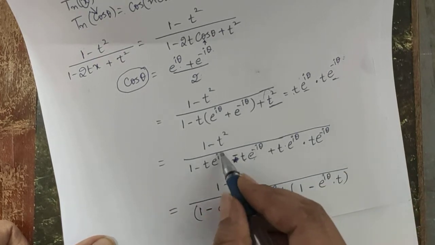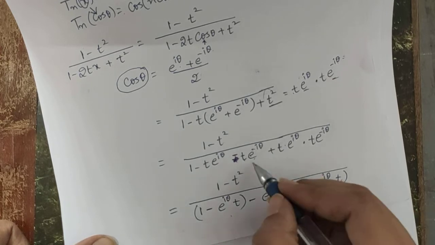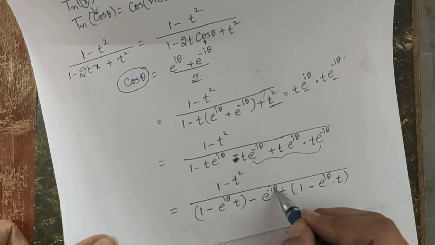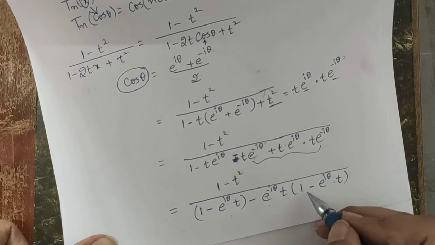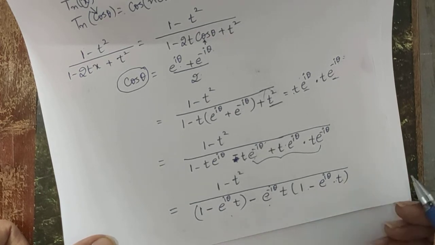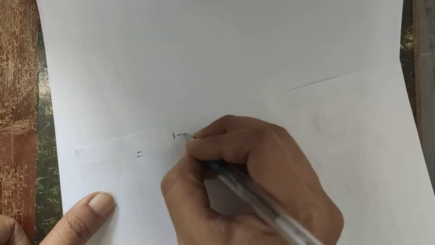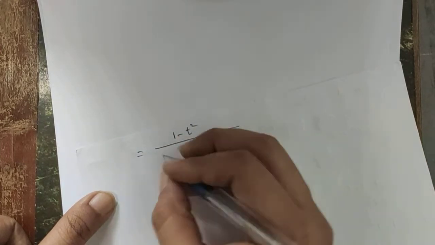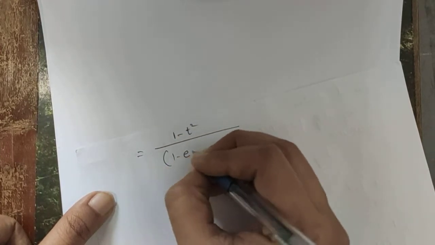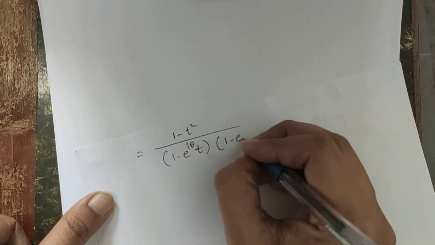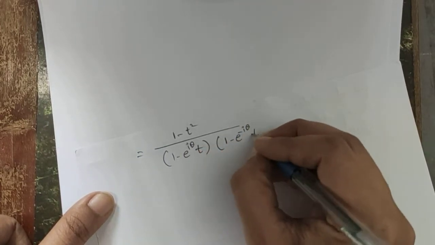I have written this term as it is. Here I have taken t into e power minus i theta as common, so I am getting 1 minus e power i theta into t. Okay. So from this we can write this is equal to (1 minus t square) whole divided by (1 minus e power i theta into t) into (1 minus e power minus i theta into t).